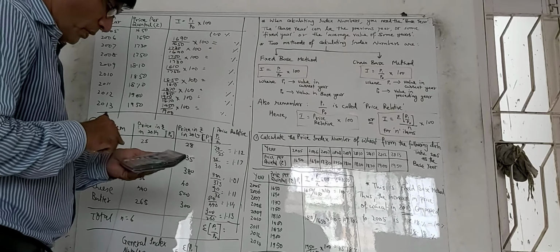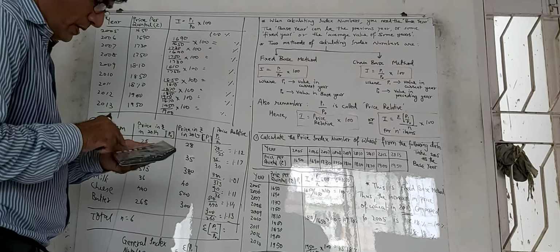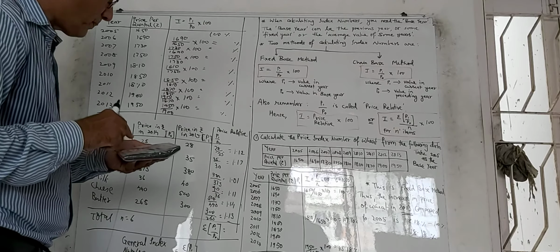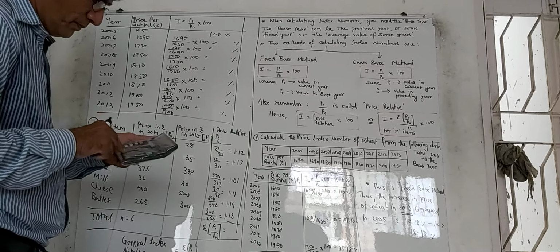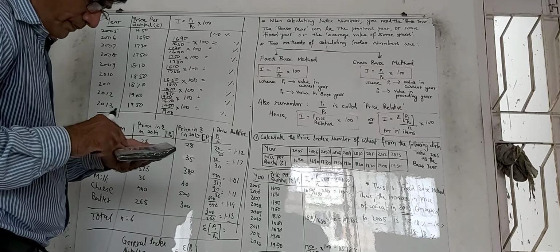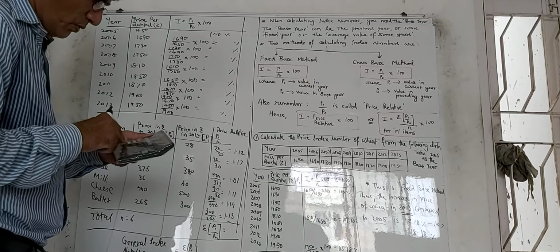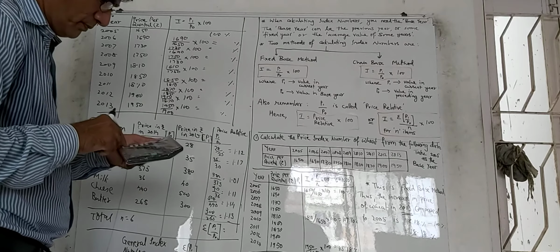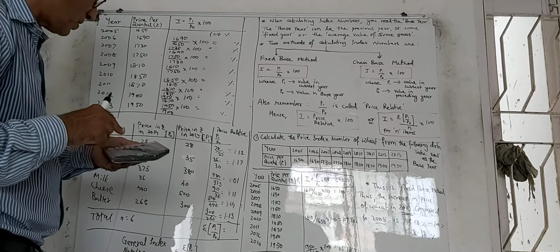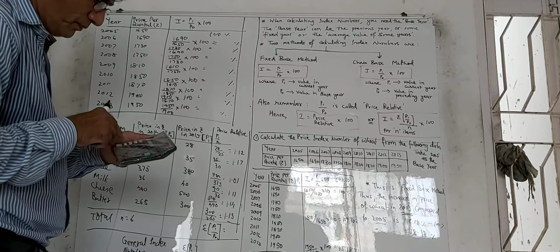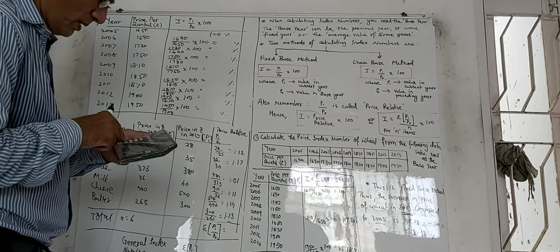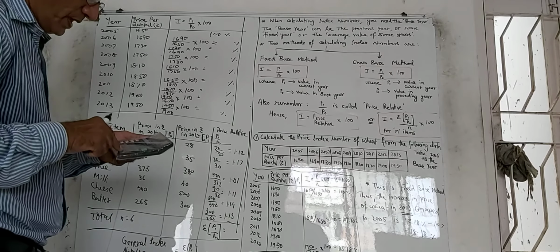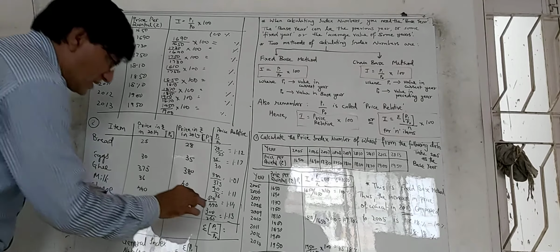Alright, so 1.12 plus 1.17 plus 1.01 plus 1.11 plus 1.14 plus 1.13 is equal to 6.68.